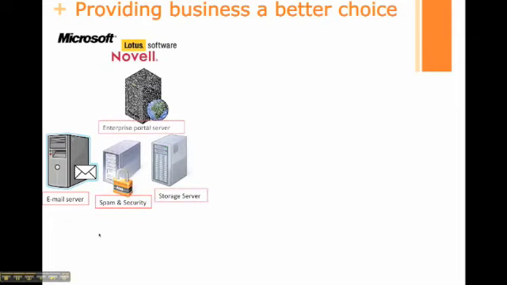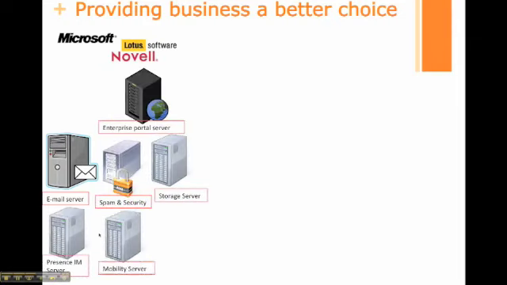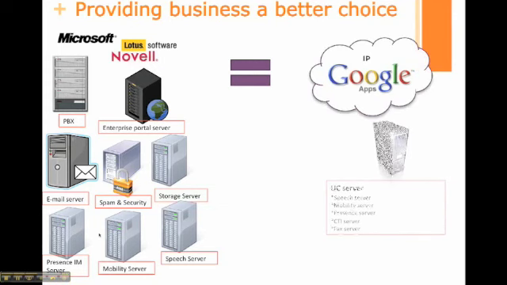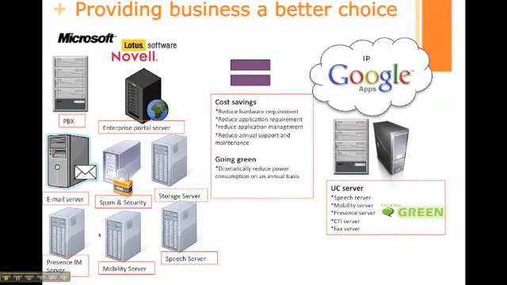When you look at Google Apps with UC versus a traditional business infrastructure, you're looking at a major difference. Now you can implement all the applications you would in a traditional business, but with dramatically less infrastructure, less management, and less cost.